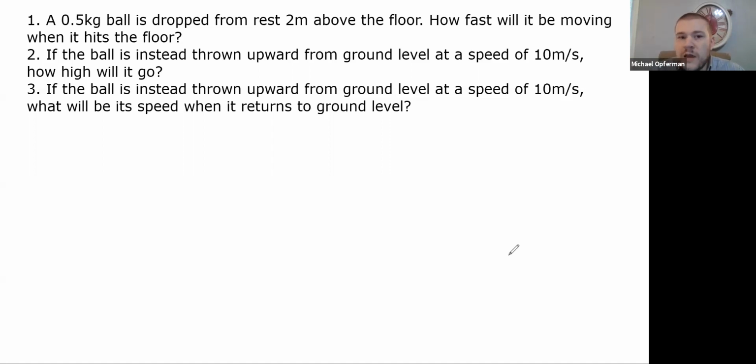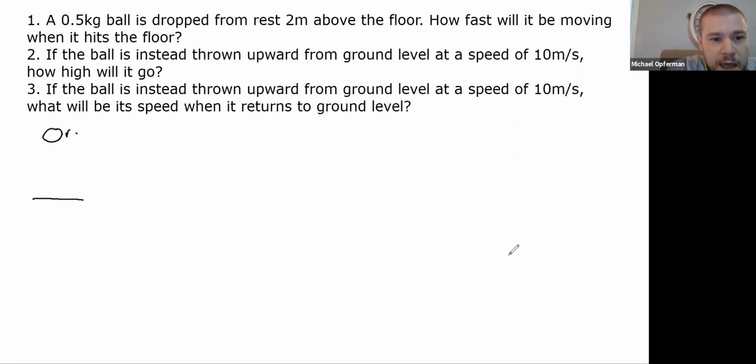So step one, identify the system and the types of energy we're studying. The system is the ball, and the types of energy I'm going to need to keep track of here are kinetic energy and gravitational potential energy. Now we identify the initial and final states and sketch them. So the initial state, there's the ball, there's the ground.